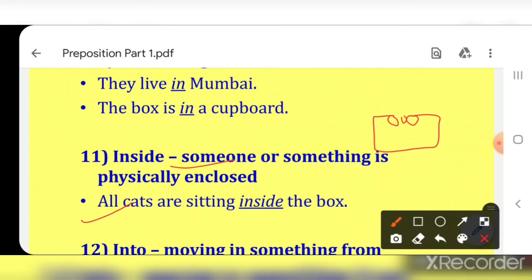Please try to understand. Here, all cats are sitting inside the box. Cats are there in the box and they are physically enclosed by the four sides. So, at that time, we use inside.